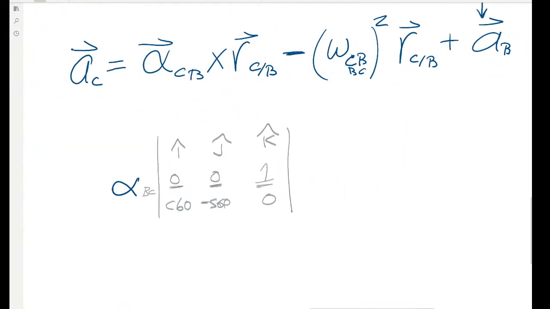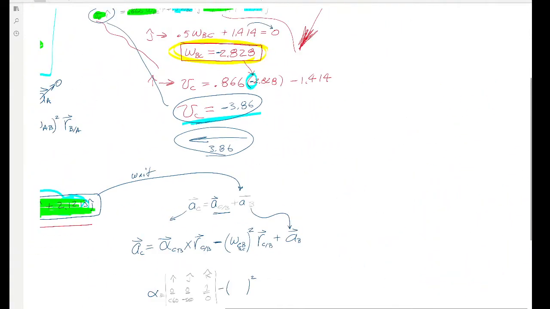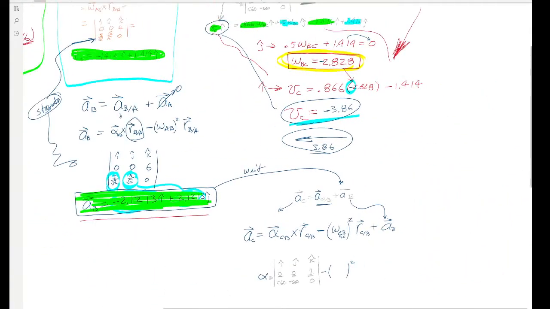So now I have this, and you might say, well, what happens here? Well, look back to a second ago, and you will find that here is the value of omega BC, 2.828.